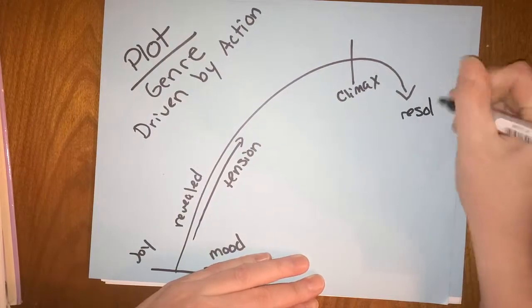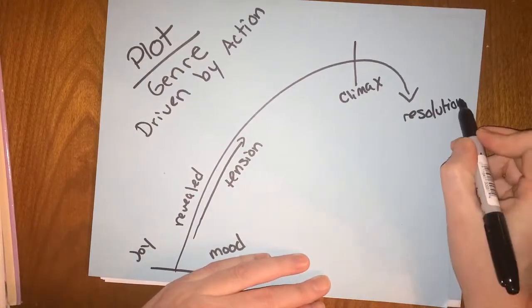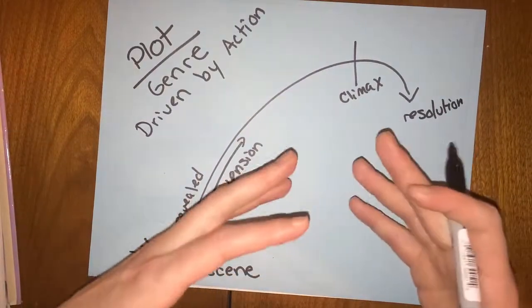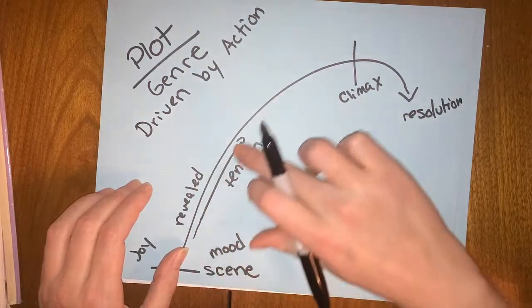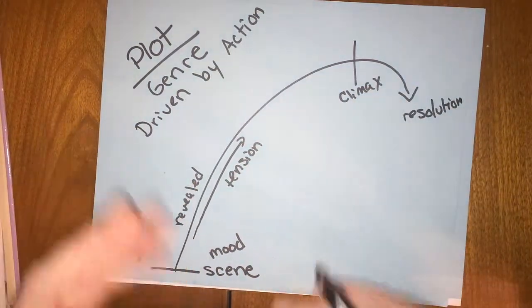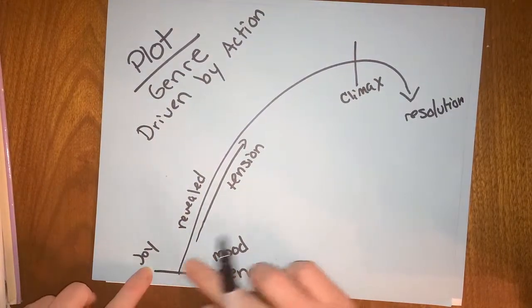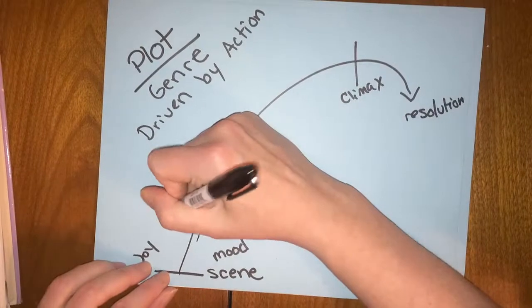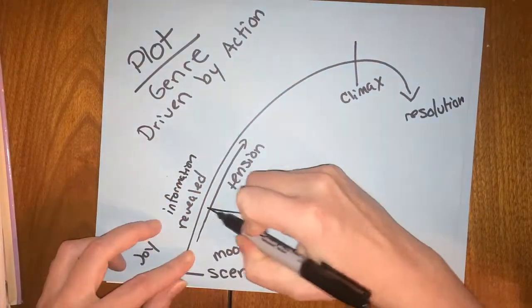Resolution does not necessarily mean a happy ending. Resolution means the point at which the situation, the climax, the problem that led us up this arch is resolved. It's finished. It's completed. So we start with this mood, joy, and more information is being revealed. That typically refers to a problem.